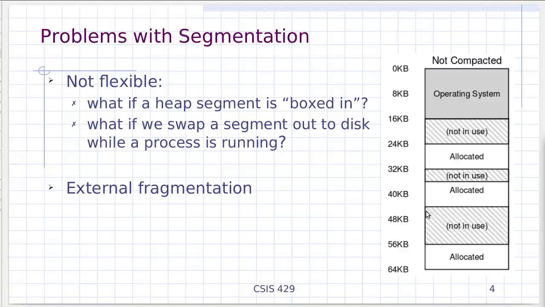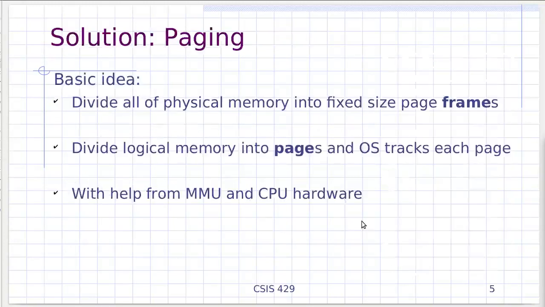That's a problem by itself, but then when you realize you could take each one of those little small segments that are not in use, coalesce them together and give you a nice big piece, that's memory that you could be using, but you can't because the actual pieces of available, not in use memory are all over the place in teeny tiny pieces, and so it's not usable. So that's a really big problem.